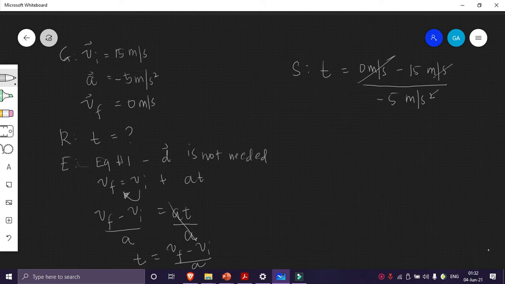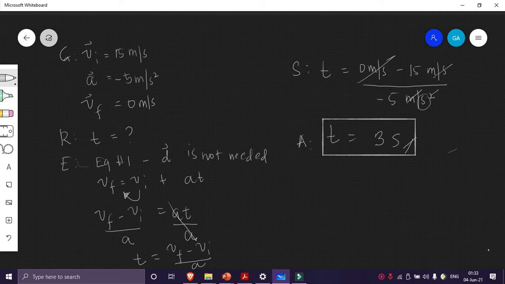Cancel na natin yung M tsaka yung isang square ng S. So, that will become negative 15 divided by negative 5 is 3. Ang natira lang natin is, ito, we have seconds. So, our time is 3 seconds. Ito yung time na kakailanganin nung jeepney para mag-full stop siya. So, this is our final answer.